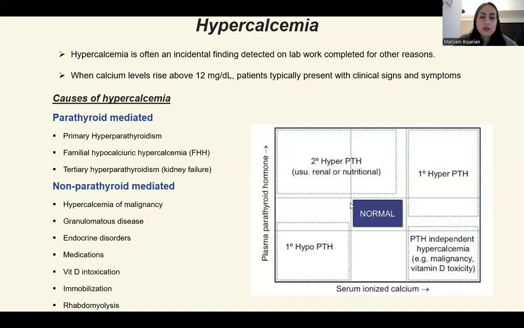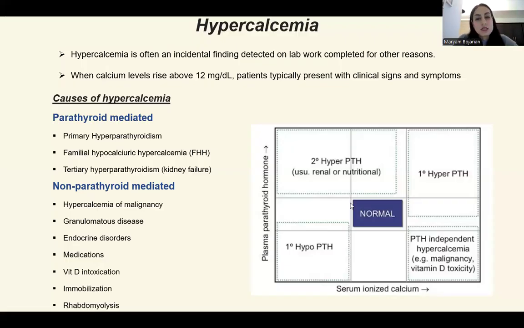Also, this graph can show the same idea. If you have low serum ionized calcium and a low PTH level, we have primary hypoparathyroidism. If your calcium is high and you have a low parathyroid hormone, we have non-parathyroid mediated hypercalcemia. If everything is normal, your patient has normal levels.